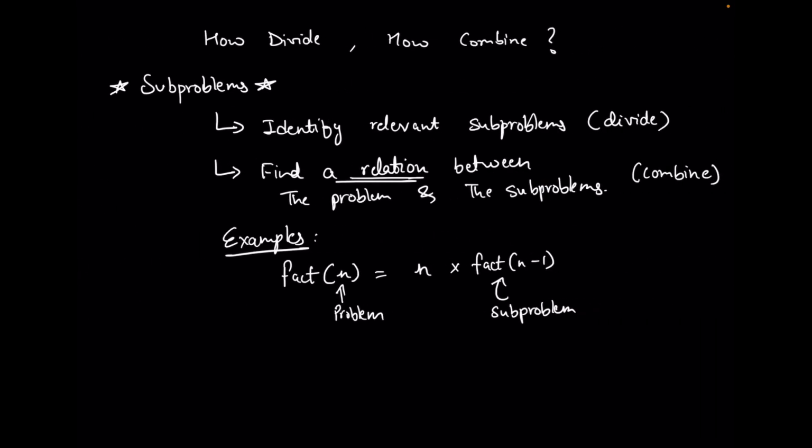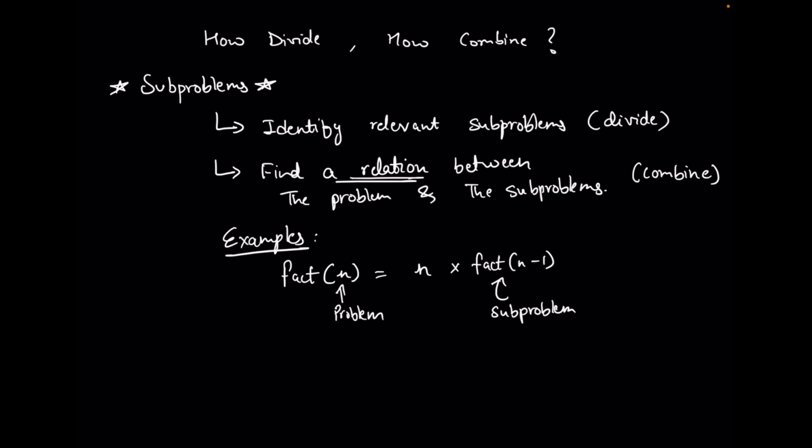Another example that we can talk about is factorial. The factorial of a number is the multiplication of all natural numbers till that number, right? So for example, 4 factorial would be 4 into 3 into 2 into 1. Now, a neat relation that factorial has is that the factorial of n is equal to n times the factorial of n minus 1. This relation is between the problem, which is factorial of n, and a subproblem, which is factorial of n minus 1.